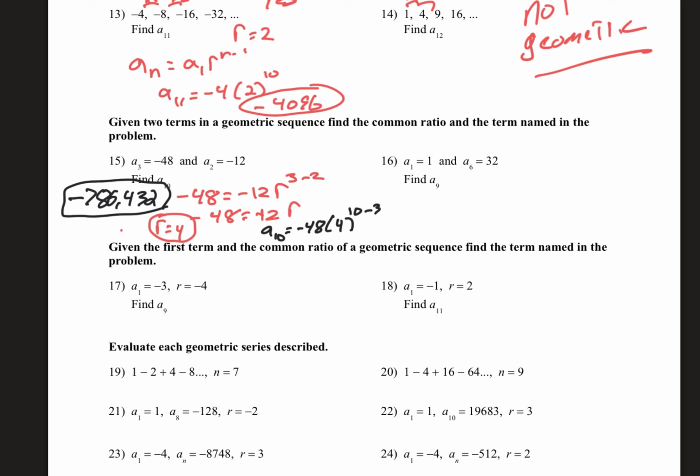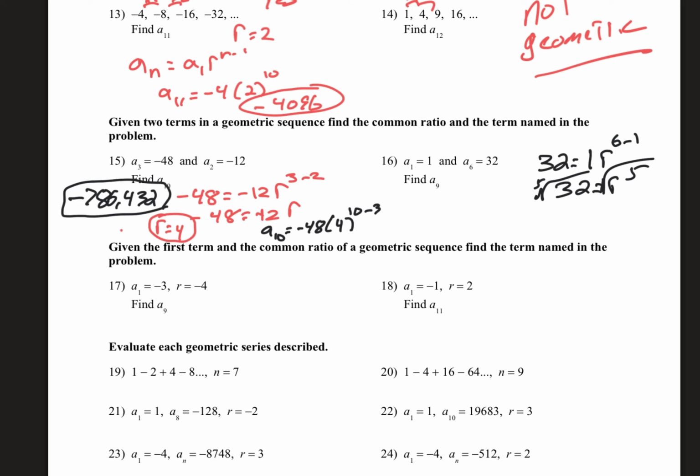So again, 32 is equal to our first term, which is 1, times the ratio to the n, it's going to be 6 minus 1. 32 is my 6th term, 1 is my first term. So 32 equals r to the 5th. So we have to take the 5th root of 32.